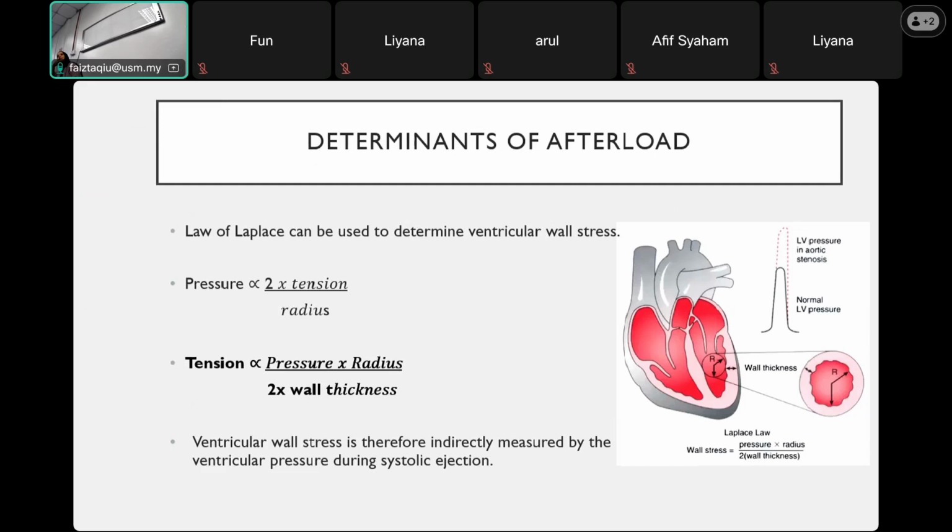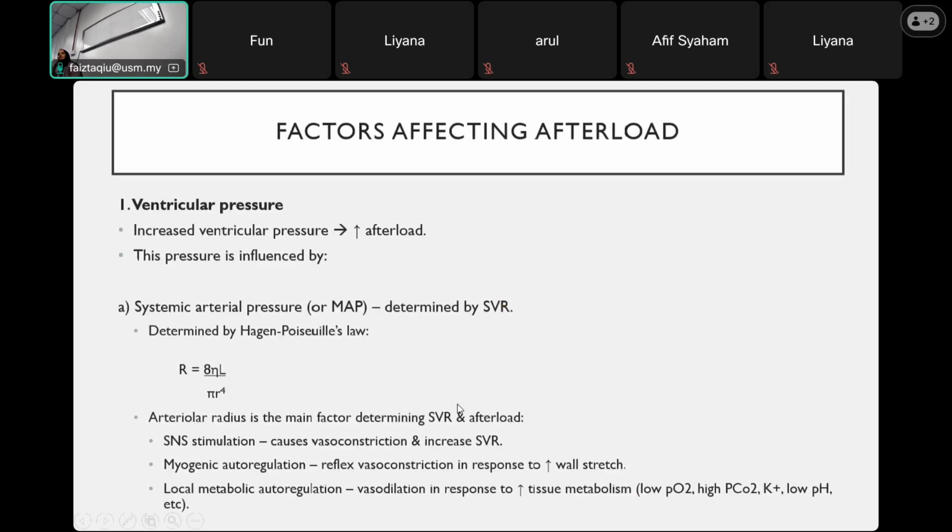The determinants of the afterload follow the law of Laplace, with which we can determine the wall stress. The wall tension is directly proportional to the pressure and the radius, and inversely proportional to the wall thickness. So, the factors affecting the afterload. Just now we said that the afterload is directly proportional to ventricular pressure, so an increase in the ventricular pressure will increase the afterload.